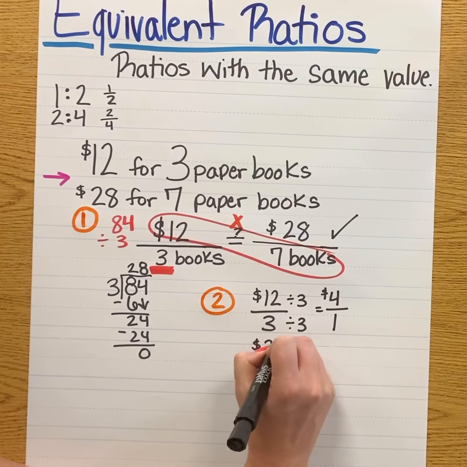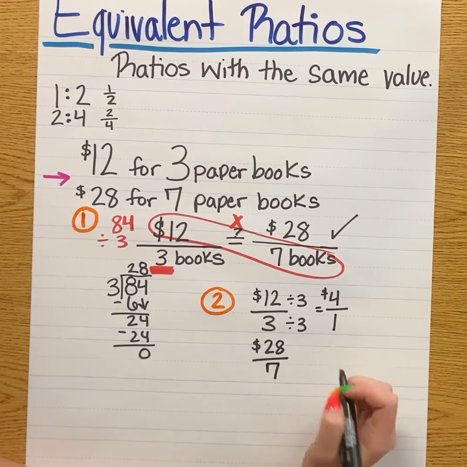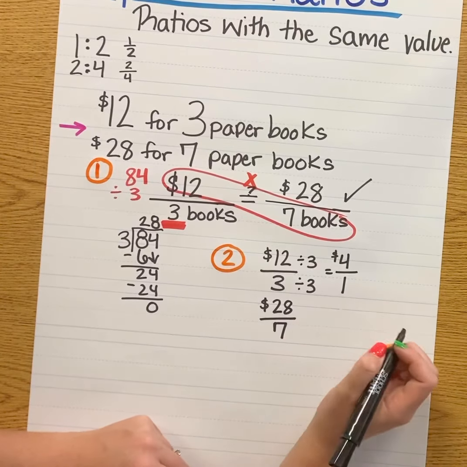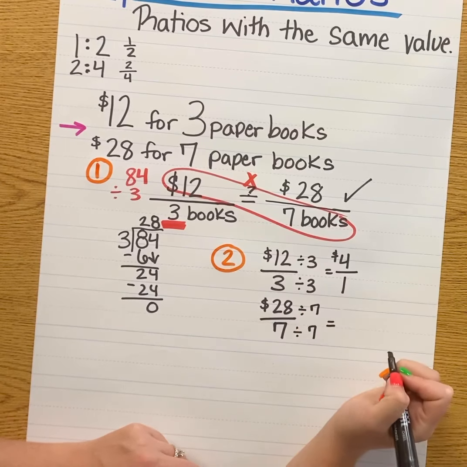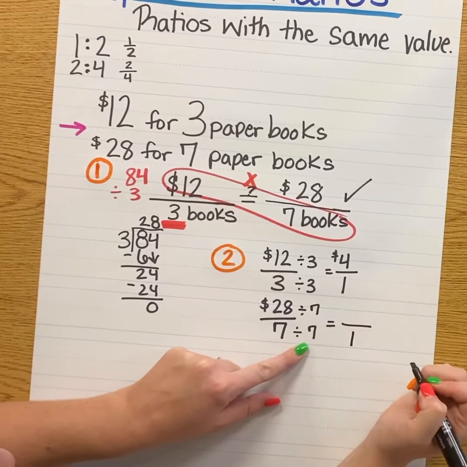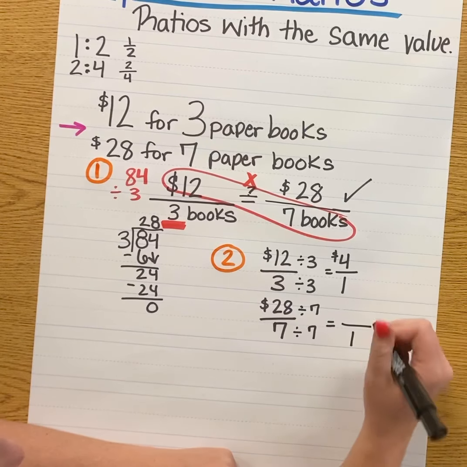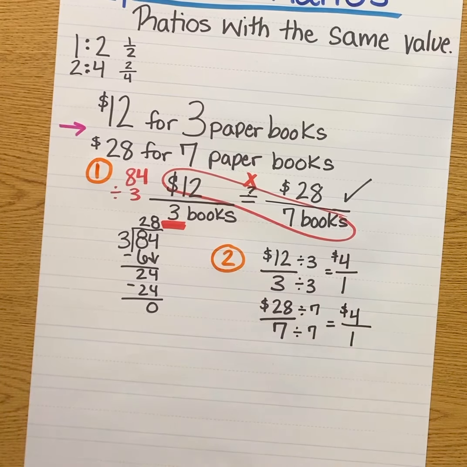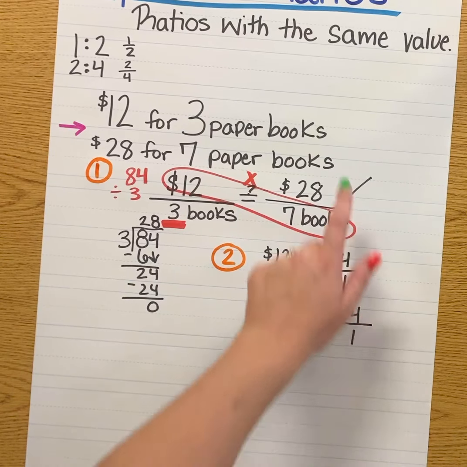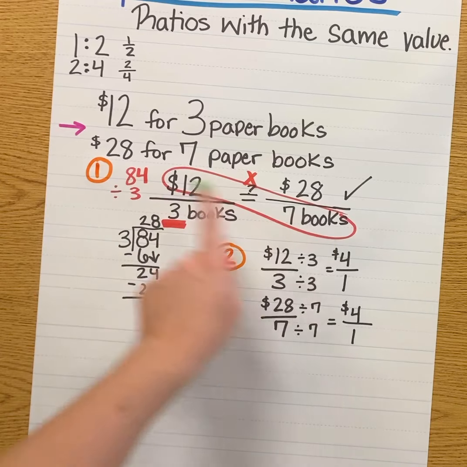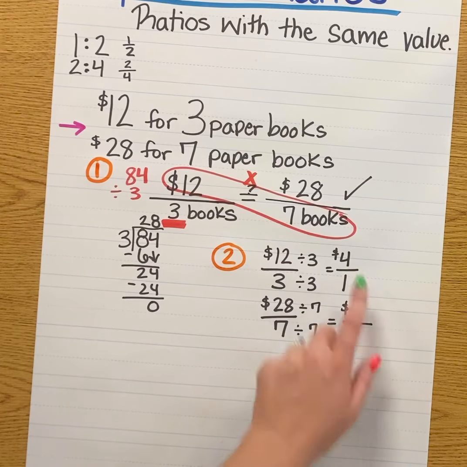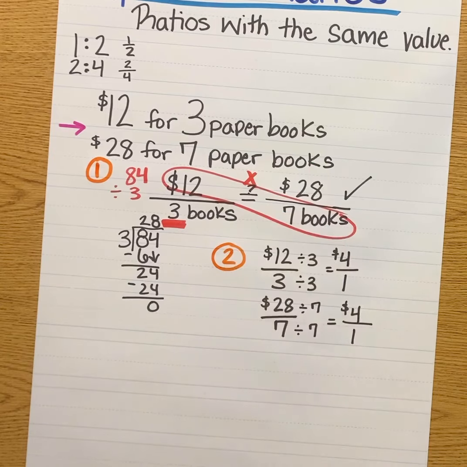So $28 over 7. Same thing, I'm going to use my GCF. I know my GCF of these numbers is 7. Divide them both by 7. 7 divided by 7 is 1. 28 divided by 7 is 4. So both of these will cost $4 per book. So they are equivalent because they are the same cost. Okay, so I could have done it this way, which is the trick, or this way and gotten our unit rate. So how much does it cost per item?